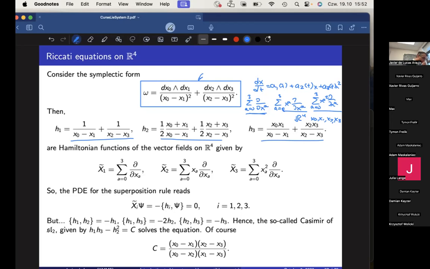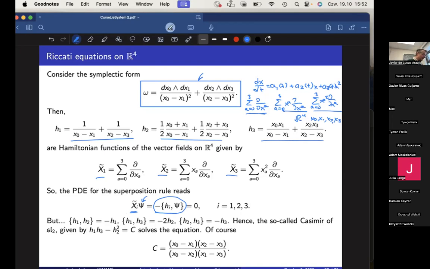So the question is that for every such vector field, the equation on the function we are looking for, psi, equal to 0, could be written by means of the Poisson bracket in this manner. There is a minus, a convention due to the structures in use.